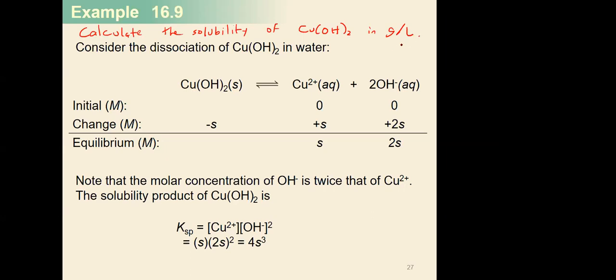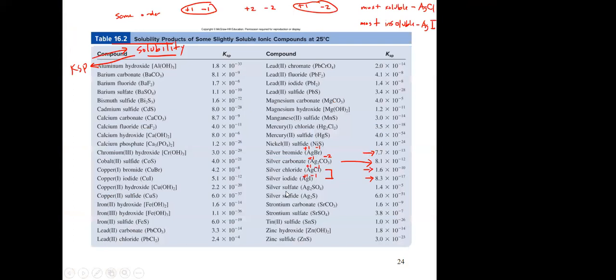The starting point that we have here is the Ksp. The Ksp of copper hydroxide is 2.2 times 10 to the negative 20.